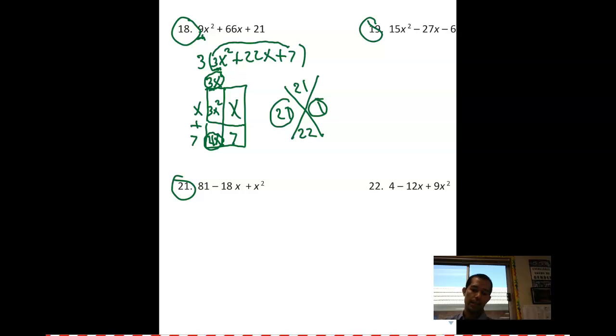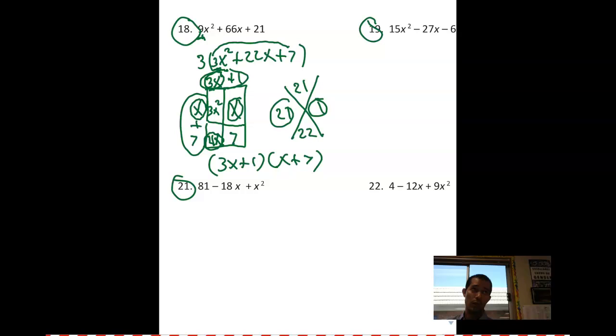Here I'm thinking x times what would give me this x here? That would be a 1. After that point, now we're done. The final answer would be whatever you have on the top and then whatever we have on the left. So the answer in this case would be 3x plus 1 times x plus 7.